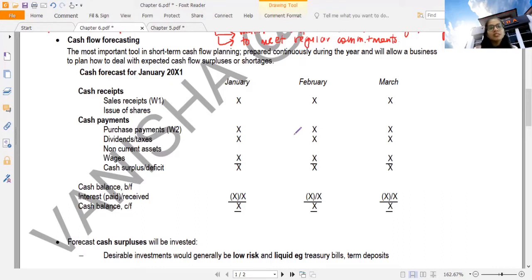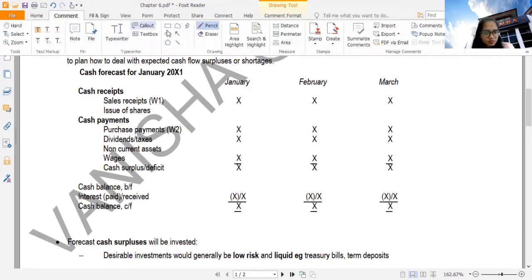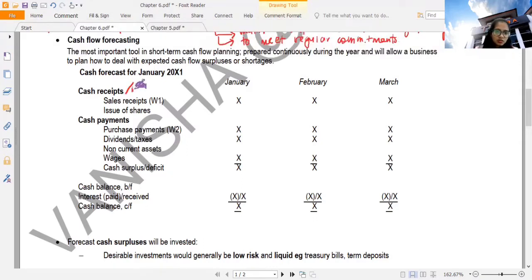So now, what does the cash flow forecast look like? Here I have identified cash inflow or cash receipt, and then you have cash payment or cash outflow.